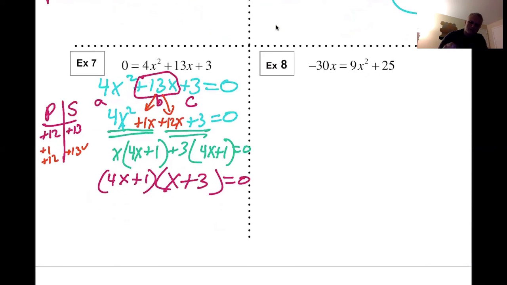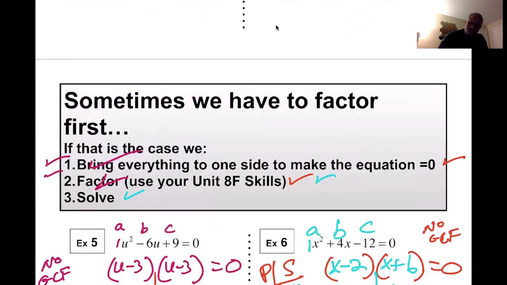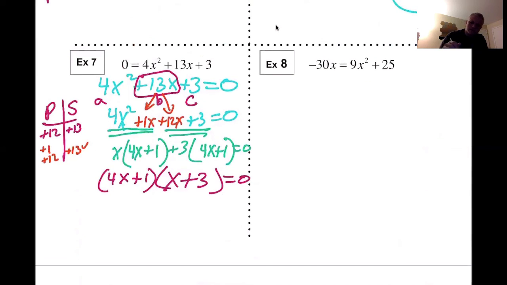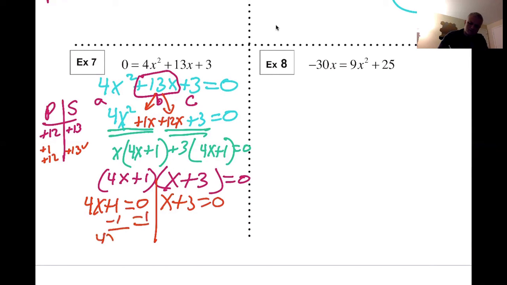So now, last thing we need to do, okay, we've already factored. Now we got to solve. So we're going to split all the factors and say each of these factors could be zeros. They could equal 0. Okay, so now I'm going to subtract 1. Divide by 4, because the 4 is the coefficient of the x.